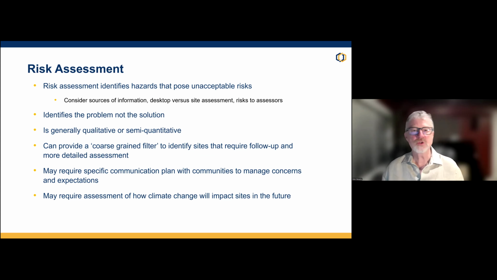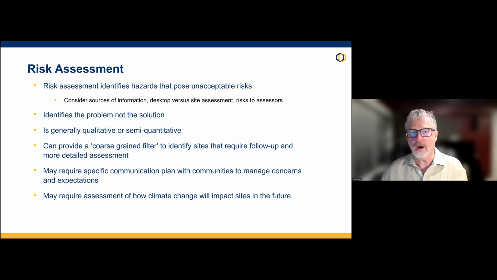So risk assessment is sort of qualitative or semi-quantitative. We do come out with numbers on it, but it's very much a qualitative assessment, and the experience of the risk assessor is quite important in that. People often say it can provide a coarse grain filter to identify sites that require follow-up and more detailed assessment. And I would say that's very much the tool that we've developed, is aimed to help arrive at an initial inventory and risk assessment of a site.